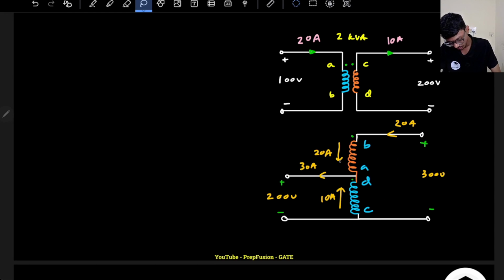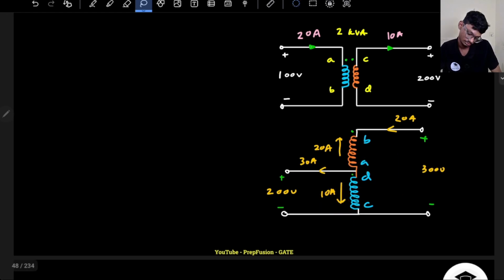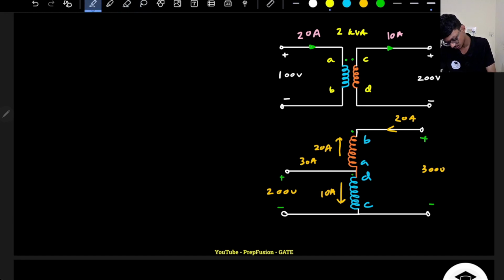Okay, so the current direction will change here as well, the current direction will change. Okay, so this will be the current direction here, this will be the current direction, and this will be the current direction here and here.